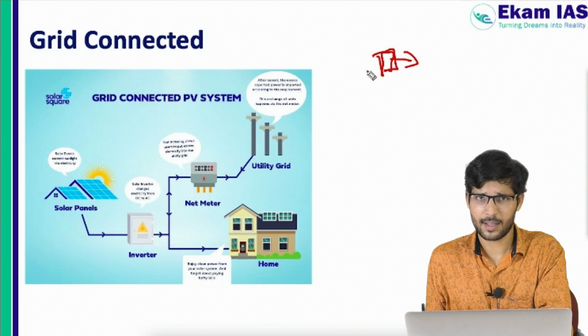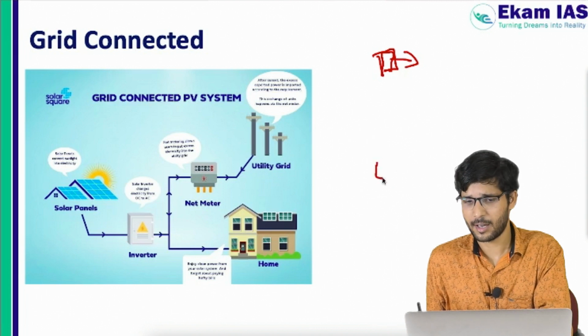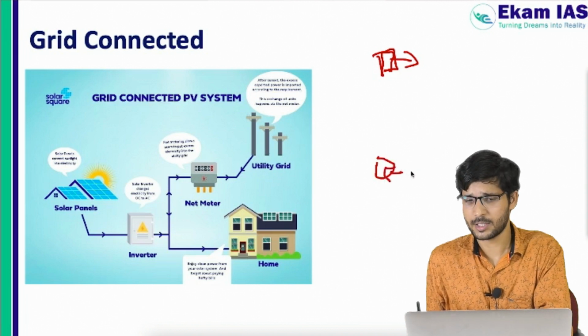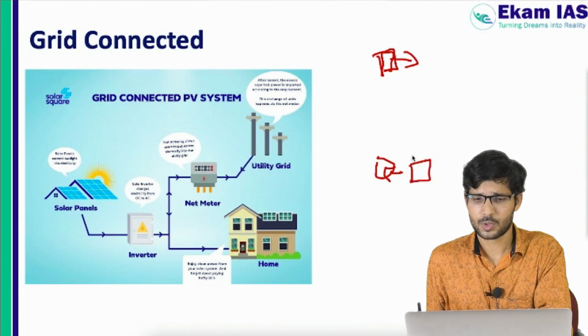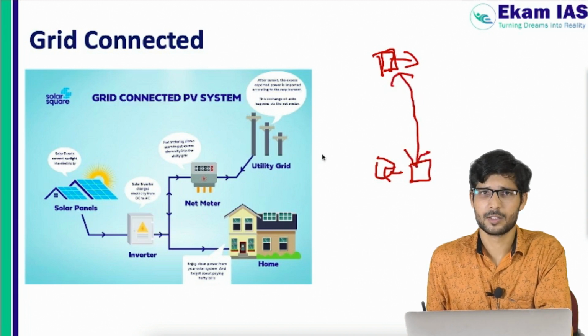So what is grid connected? A grid connected system means residential consumers will also be producing electricity, for example in the form of solar energy, through solar panels. So they will be producing some electricity, and this electricity will also be connected to the grid. This is what we call a grid connected solar system.